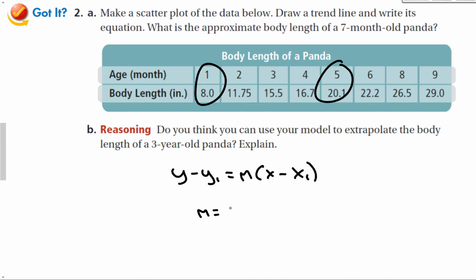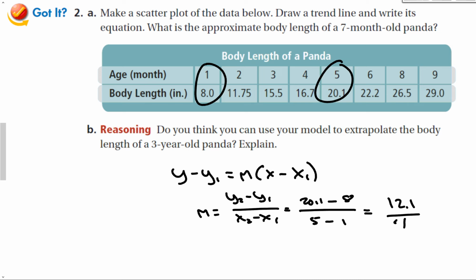So the slope is y2 minus y1 over x2 minus x1. y2 is 20.1 minus 8 over 5 minus 1. So 20.1, or sorry, minus 8 gives me 12.1 over 4, which gives me 3.025.